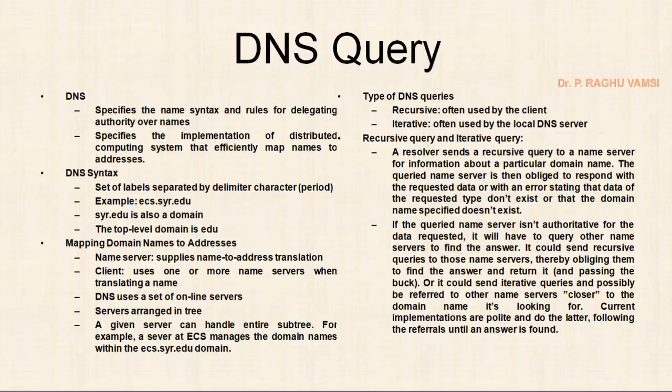DNS uses a set of online servers, and the servers are arranged in a tree. That means even if you don't get the translation of the website name to the IP address at one server, you can try other servers, or the server may pass your request to some other servers to get the name resolution.